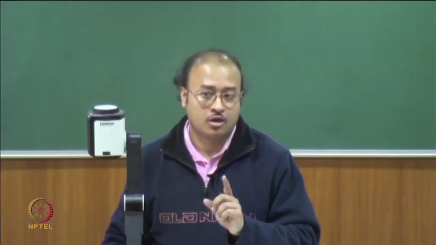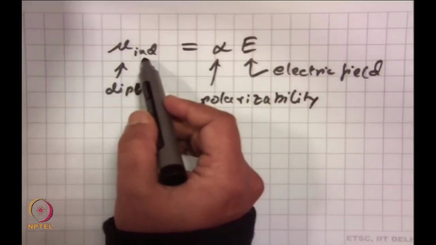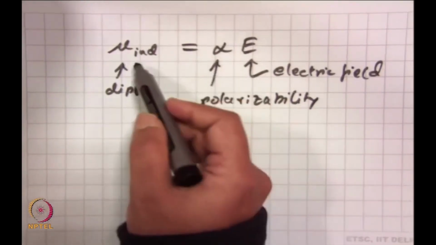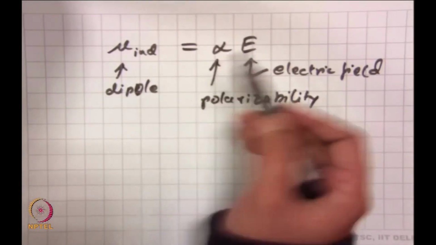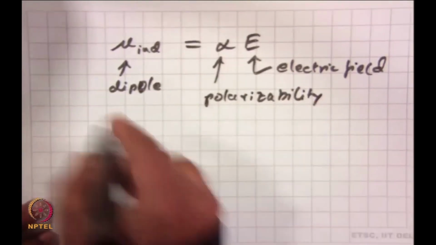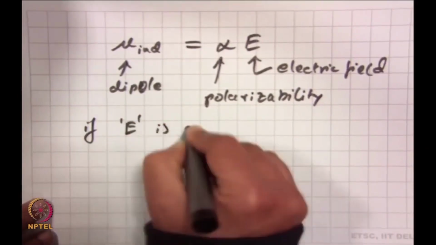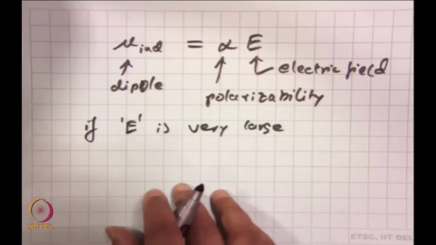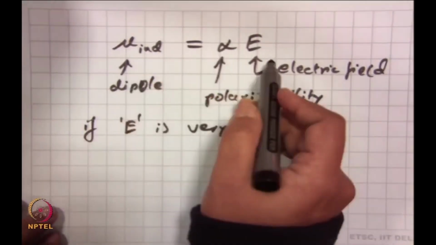But there is one thing to it. Look at this. This is a linear term, in the sense this is a linear expression. That means mu induced is directly proportional to E. Now, what happens if the applied field E is very large? If the applied field E is very large, then I cannot just represent this mu induced like this.